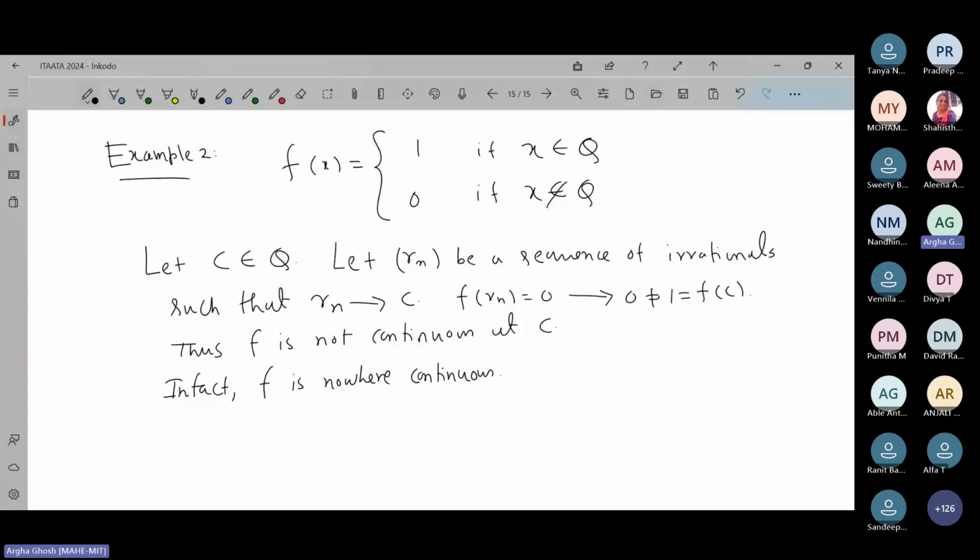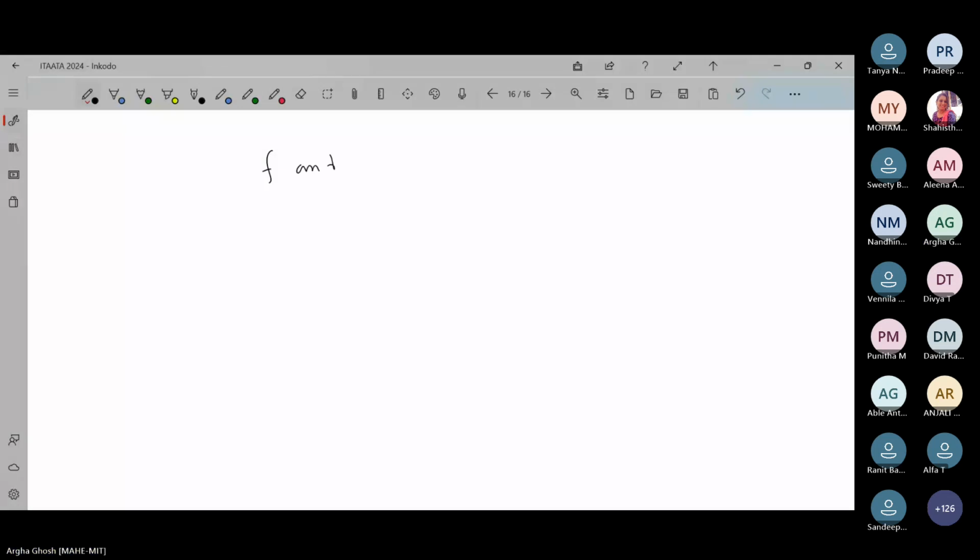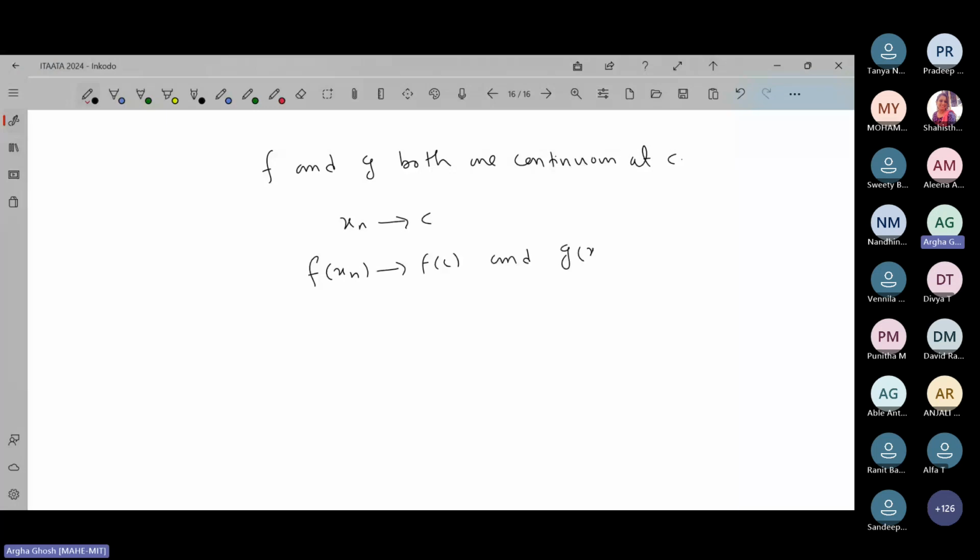Let's say f and g both are continuous at c. Let xn be a sequence that converges to c. Then f of xn converges to f of c, and g of xn converges to g of c.